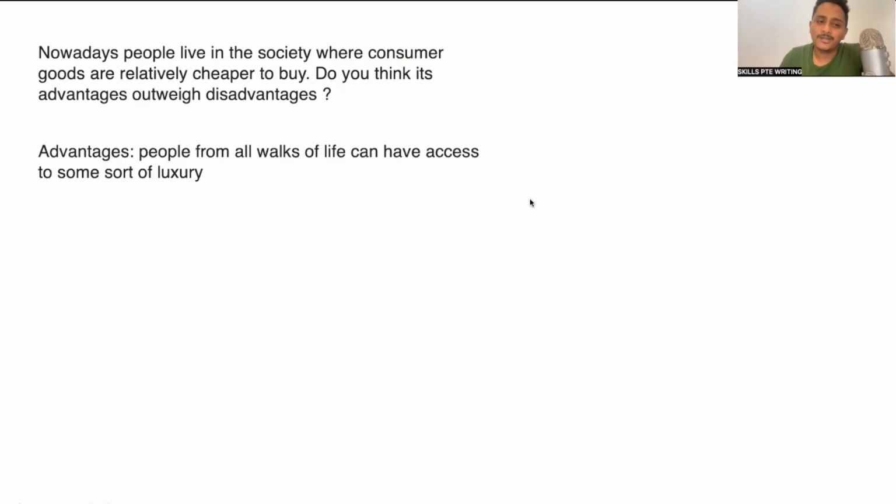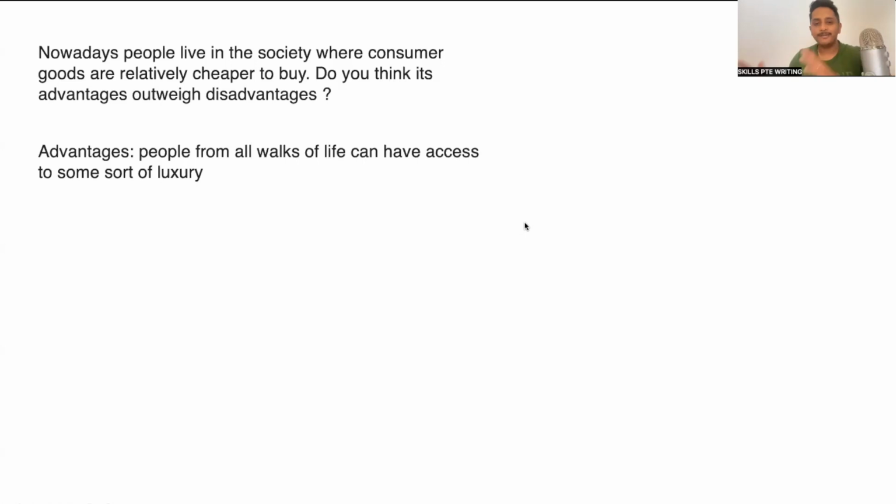Hope you're getting it. So, what is one of the ideas for advantages? We can consider this as a good idea. When consumer goods are becoming easy to buy, everyone will buy them, irrespective of whether the person is really poor. So, probably it bridges that gap. Rich means only the rich can afford. Now, even the poor are able to afford it.